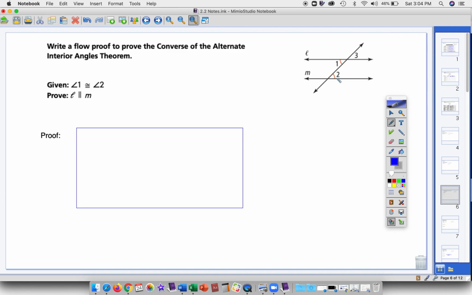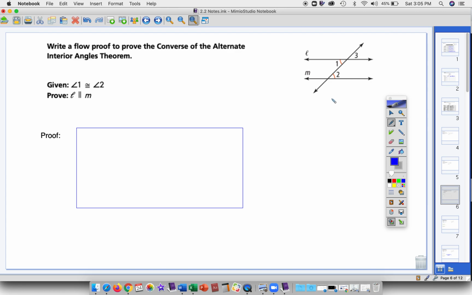If I can get 2 and 3 are congruent, what kind of angles are 2 and 3? If you said corresponding, that's correct. So I can use the converse of the corresponding angles theorem to say that the lines are parallel. That's our goal. So I have to figure out a way to connect 2 and 3, knowing that 1 and 2 are congruent.